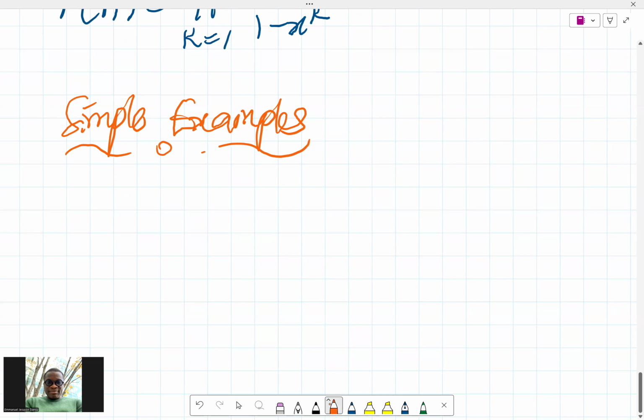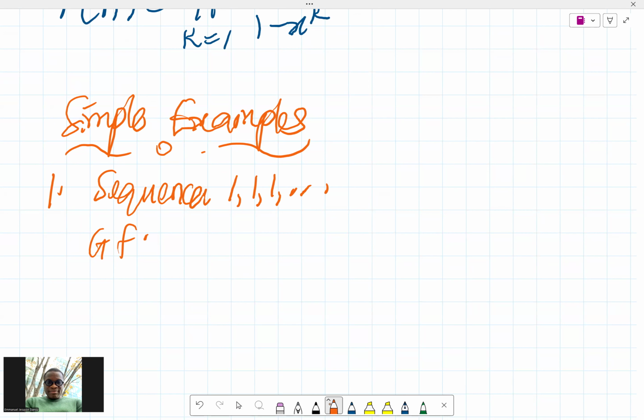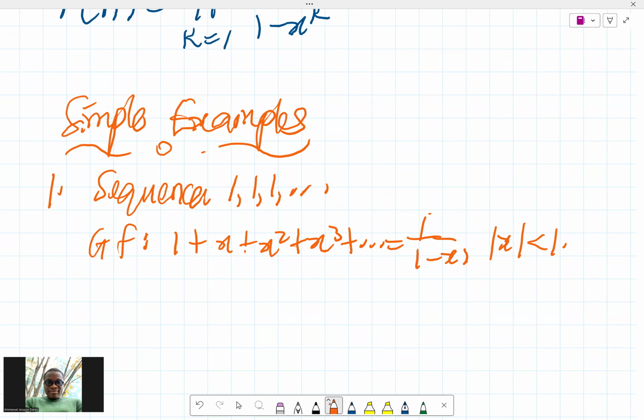Imagine the sequence 1, 1, 1, and so on and so forth. The generating function is 1 plus x plus x squared plus x cubed, and so on. The sum to infinity of this, of course, is 1 over 1 minus x, and that only holds for absolute value of x less than 1.